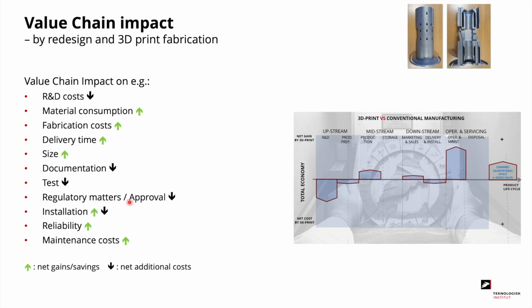The positive effect, the gains, we have on material consumption, on the fabrication costs and delivery time, and the size of the part. Now we may have improved installation costs, and we have improved reliability, and we have reduced maintenance costs. If we show that using our communication tool, we get the graph to the right, where the net contribution is positive, showing the upward pointing arrow to the right.